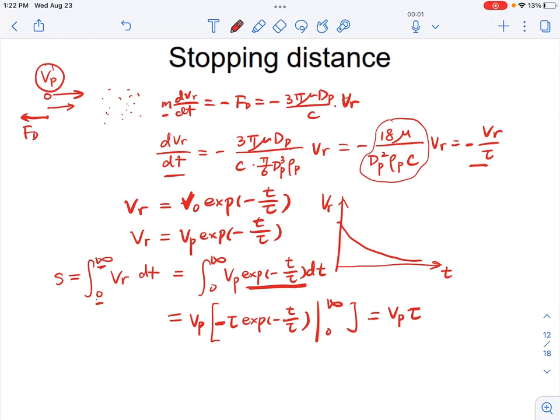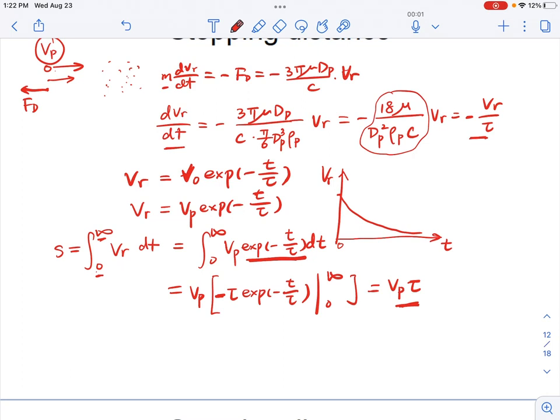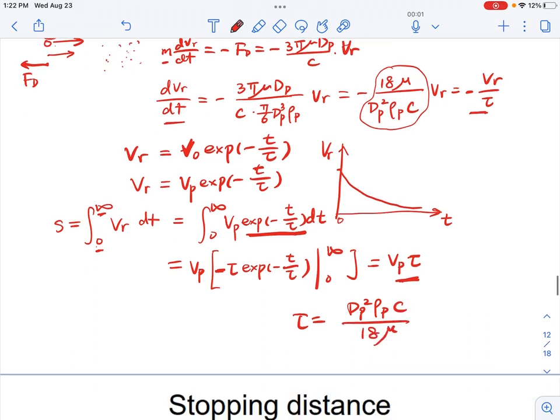Although the particle speed is not going to 0, since the particle speed is decreasing exponentially, there is a maximum distance that the particles can travel. Again, the tau here is dp squared rho p c divided by 18 mu.